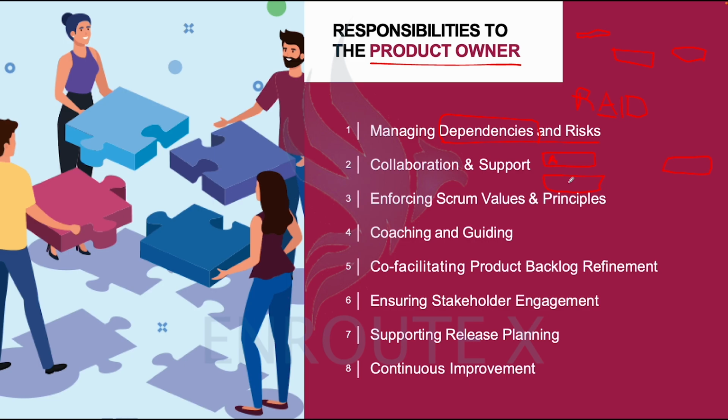So we need to make sure that there is that alignment of workflow such that the impact would not affect other teams. So that's how we plan for dependencies in Scrum.